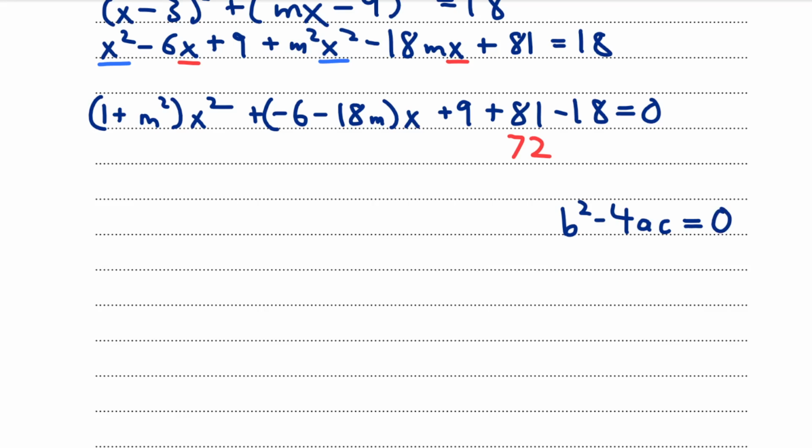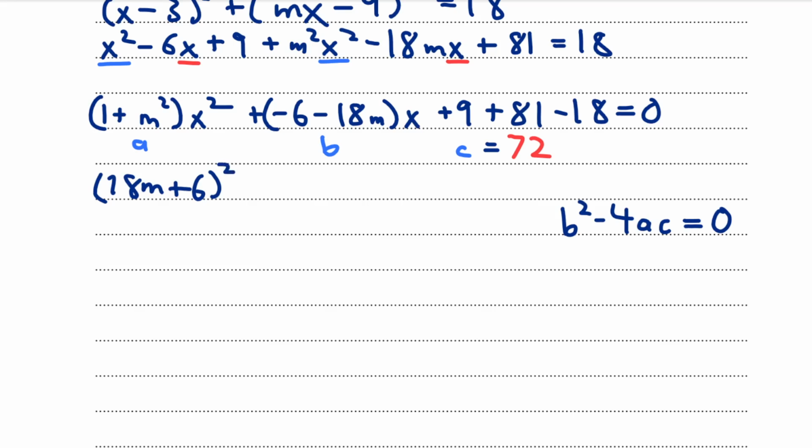So we can substitute 1 + m² for a, −6 − 18m for b, and c will equal 72. So let's do that. So we get (18m + 6)².